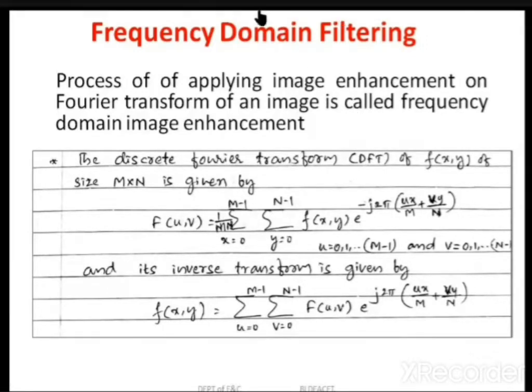But here the only difference is we have a two-dimensional signal. So assume that f of x,y is the input image, the actual image whose Fourier transform is required. And assume that capital F of u comma v represents the Fourier transform of the input image f of x comma y.